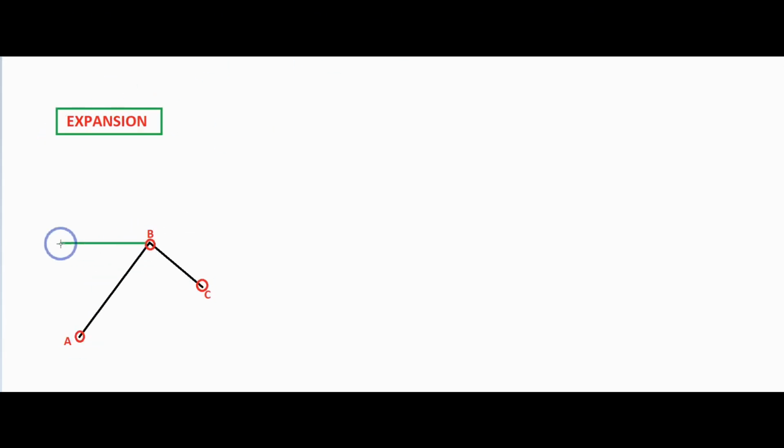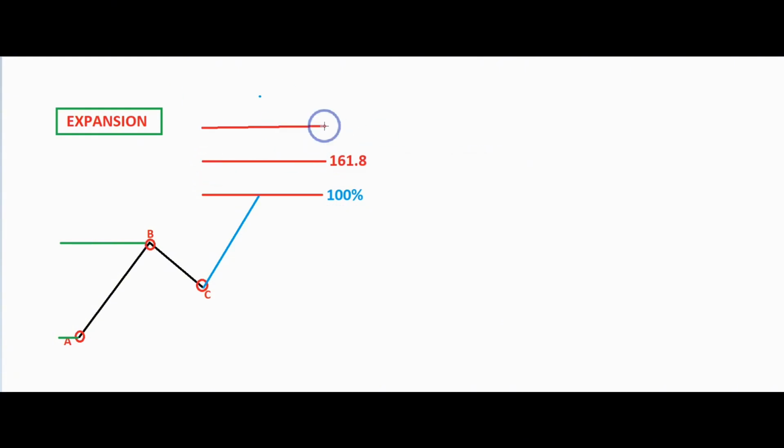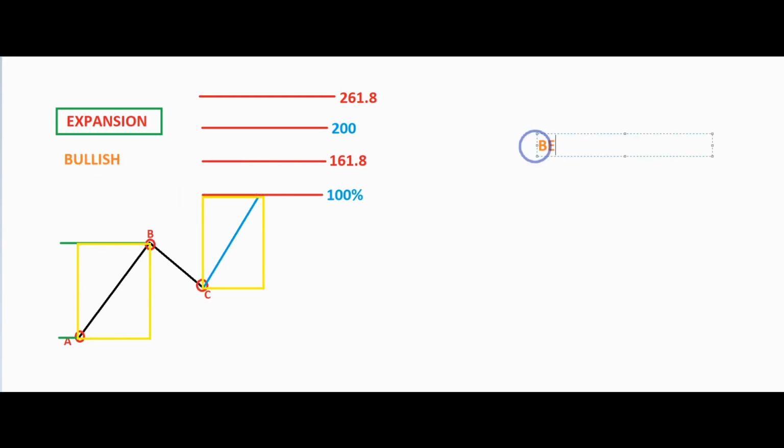As you can see in the image, the key Fibonacci expansion levels are 100%, 161.8%, 200%, 261.8%. In a bearish scenario, the first click is on point A, the second on point B, and the third on point C to model the AB move after point C.